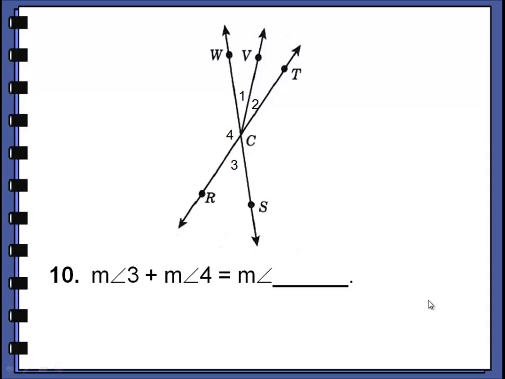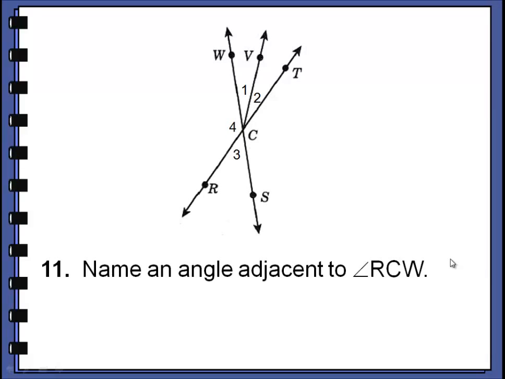Record that on line. Remember to put the vertex in the middle. Number 11, name an angle that is adjacent to angle RCW. First go and identify RCW, then give me an angle that is adjacent.